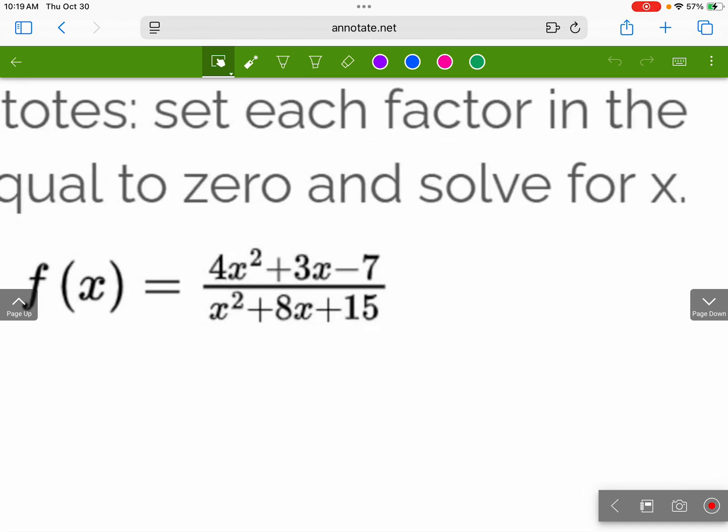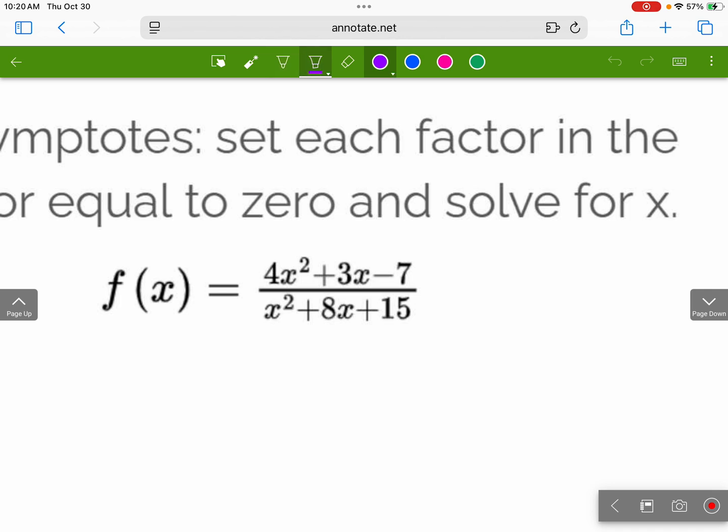So in order to see where our vertical asymptotes are, we are going to have to factor both numerator and denominator. We are going to be factoring out the wazoo for section 4.5 and 4.6, I think.